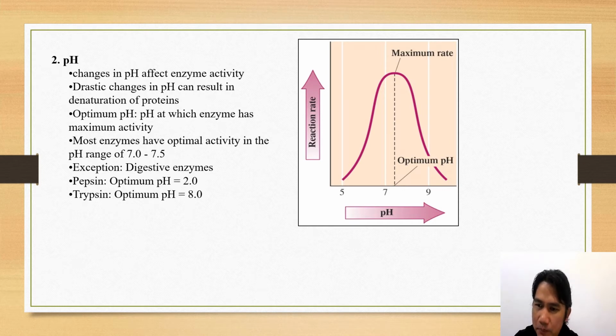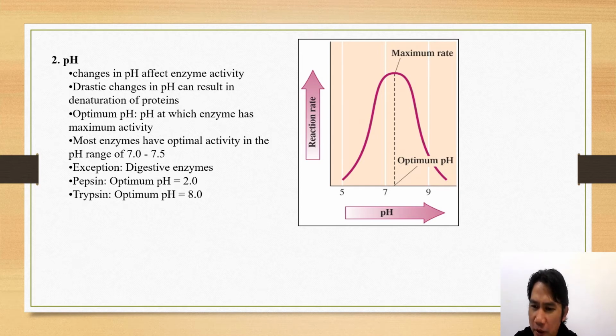So when acid or base is added to the protein, the salt bridge, or the electrostatic interaction between the positively charged and negatively charged side chains, is disrupted. Most enzymes have optimal activity in the pH range of 7 to 7.5, that is, the normal neutral pH range.